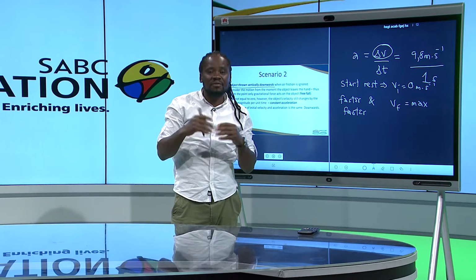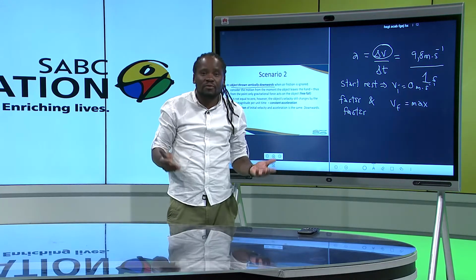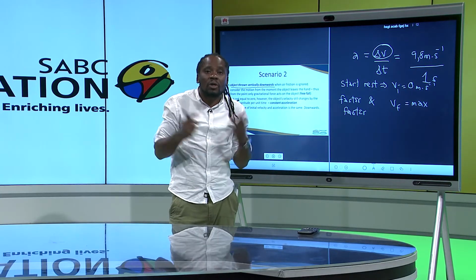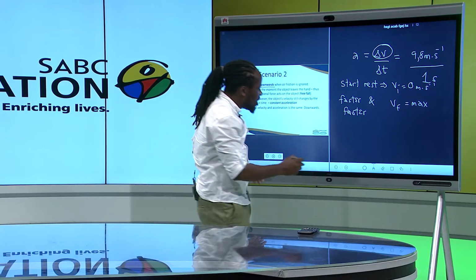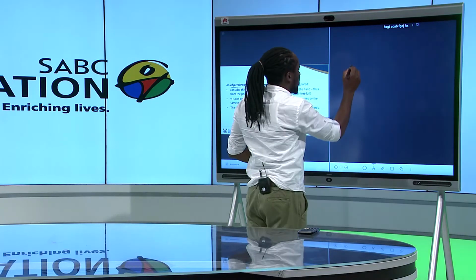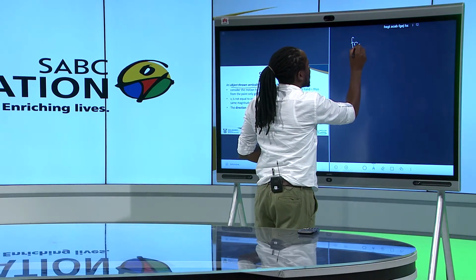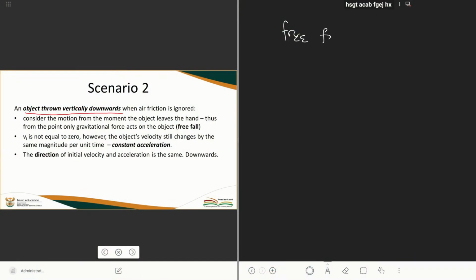The moment it leaves your hand, that applied force is not existent anymore. Only gravity acts on the object, meaning that in that case, the object is also undergoing free fall, right? But how is this different? It says to us that the initial velocity is no longer going to be 0 in this case. It can be anything except 0 because the object does not start from rest.